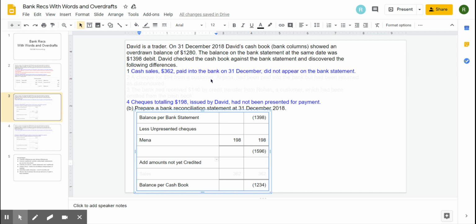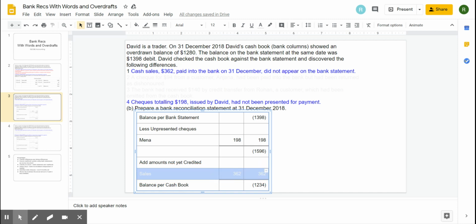That's quite common because the bank receives the money and then it has to go through their system before it actually gets credited in the bank. That normally only takes a maximum of 24 hours. With computers, that's a lot quicker now. So we've got to add that on.